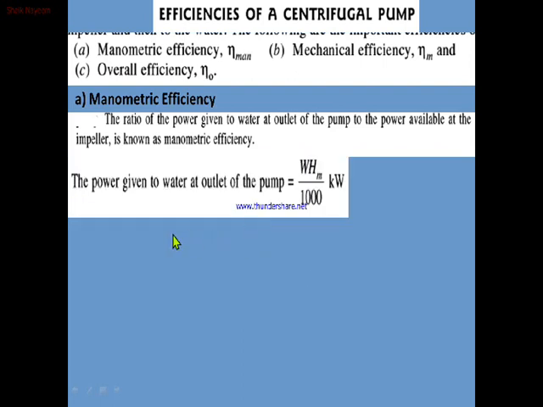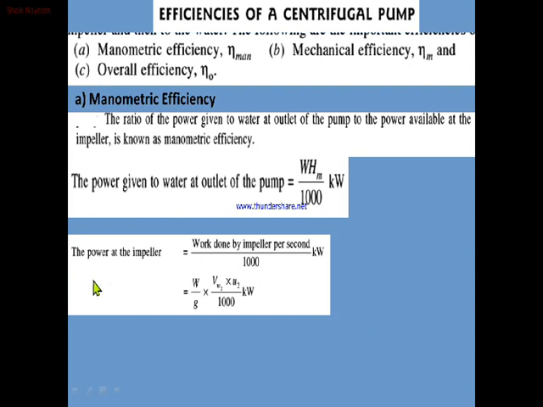We can write the power given to the water at the outlet of the pump as weight of the water lifted, that is W, times manometric head, by 1000 kilowatt. Similarly, the power at the impeller is given as the work done by the impeller per second by 1000.